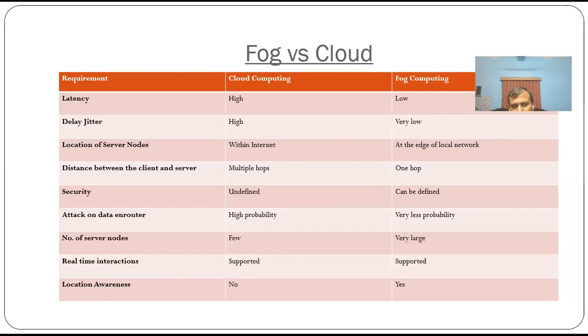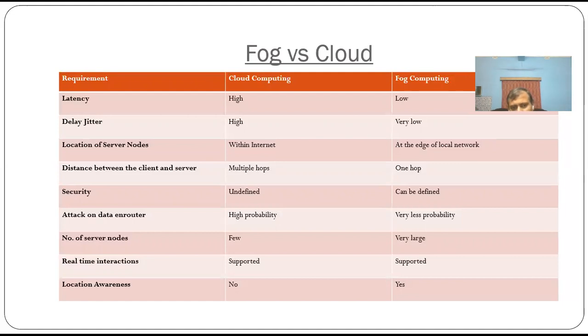Location of the server nodes: the server nodes can be located throughout the world in case of cloud computing, and they should be connected to the internet only. So we can say that within the internet, the servers are located. But in case of fog computing, the processing devices are situated at the edge of the local networks. The distance between the client and server, in case of cloud computing, can be multiple hops. In case of fog computing, it's only one hop. That means they are situated very nearby.